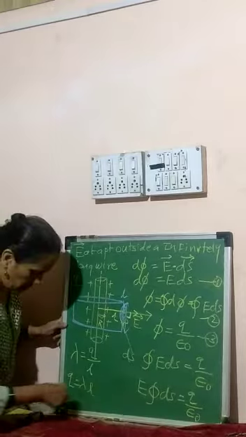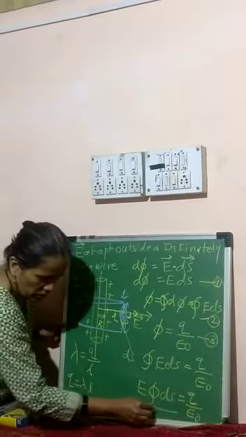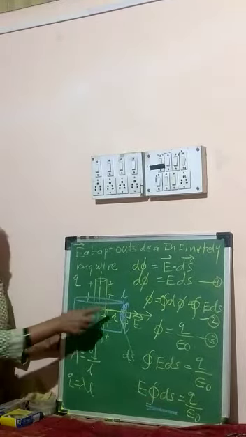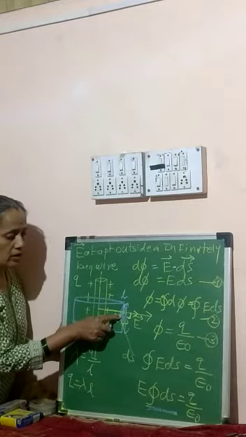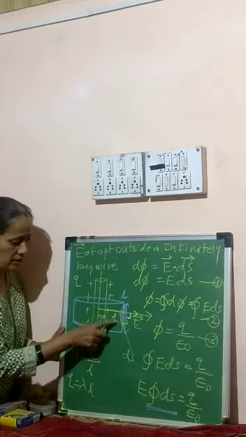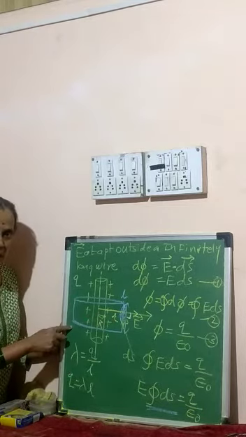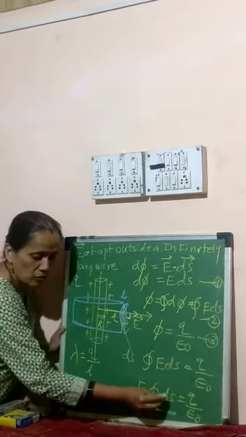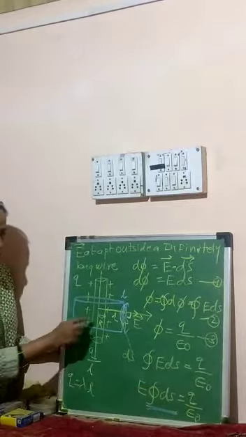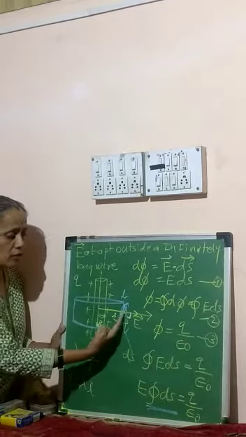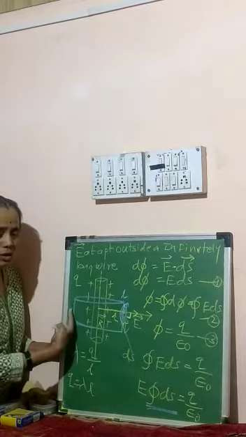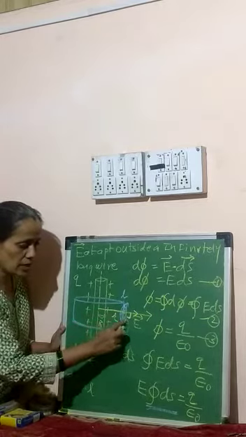Now you have to concentrate on closed integral of ds. Your ds surface area is located on a Gaussian cylinder having radius small r, length is nothing but L. So the meaning of closed integral of ds means the curved surface area of your Gaussian cylinder over which your lines of force are passing.